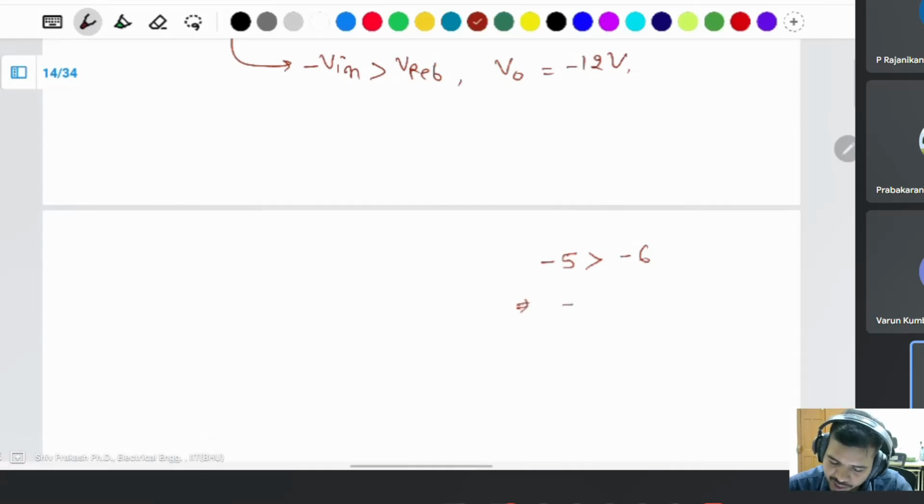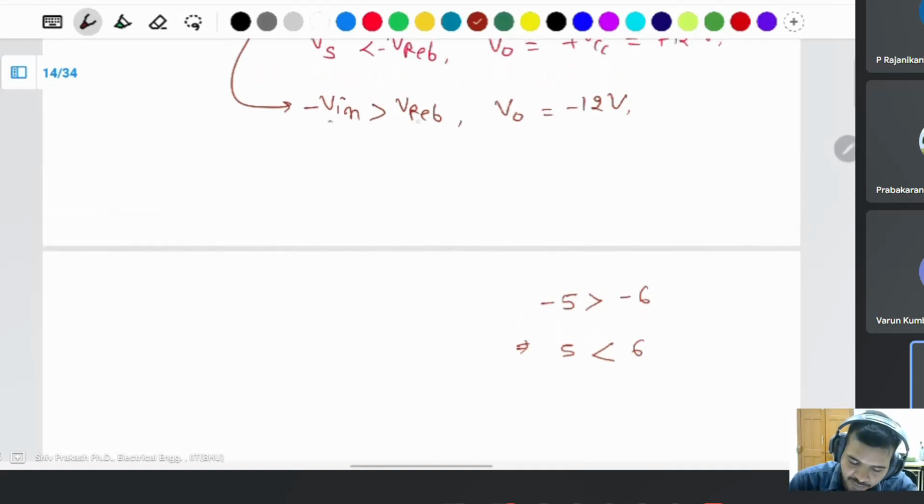This will be positive 5 and this is positive 6. At this time we should also change the direction of the inequality. 5 will be less than 6. Same thing here. If you multiply this, then V in will be less than minus V reference, then V output will be minus 12 volt.